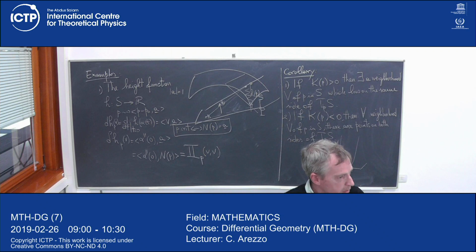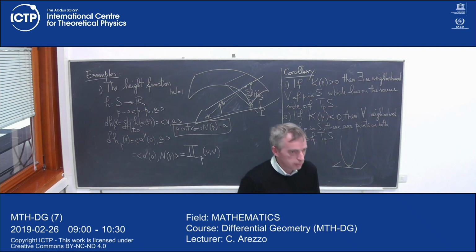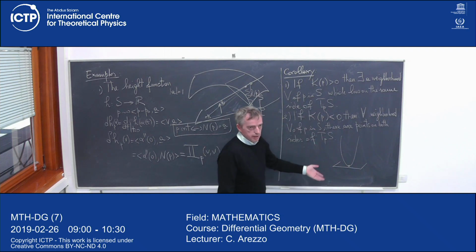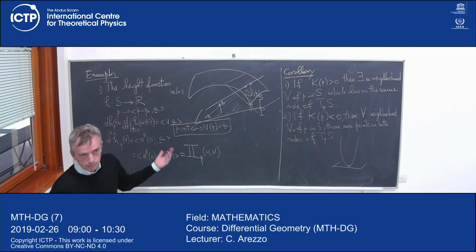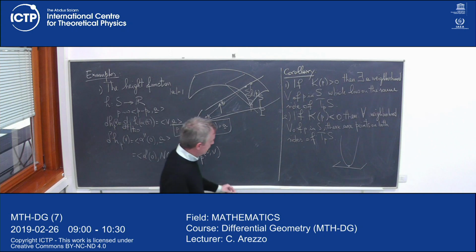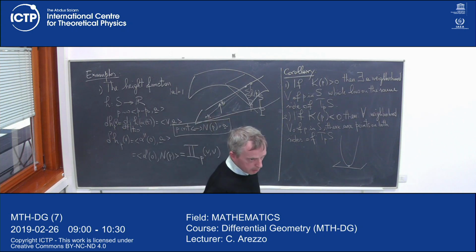You can take your calculus book, and I'm sure there is an example for any conjecture. You say, if it's semi-definite, it's a local minimum? No. A local maximum? No. Whatever you think, it's no. Here it's just the fact that this function, the height, is geometrically meaningful.